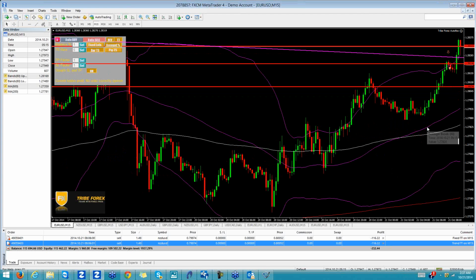I'm kind of going to wait for it and see if we get a shot at it. See where this M15 closes. 15-minute closes. How much did it close out with? Should have been around 40 or something like that.